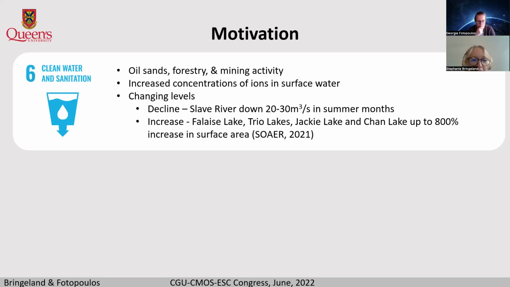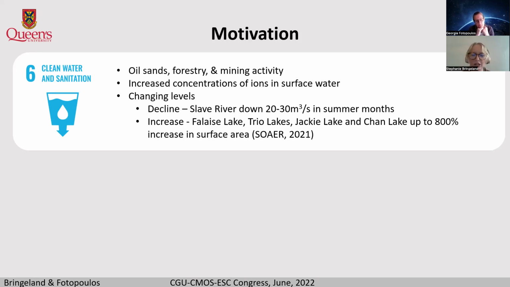So in terms of clean water and sanitation, the basin is home to a lot of industrial activity, which can introduce contamination to the surface waters. There's also increased concentrations of ions in surface water, which have been associated with melting permafrost, mainly dissolved salts attributed to the groundwater coming from permafrost thaw.